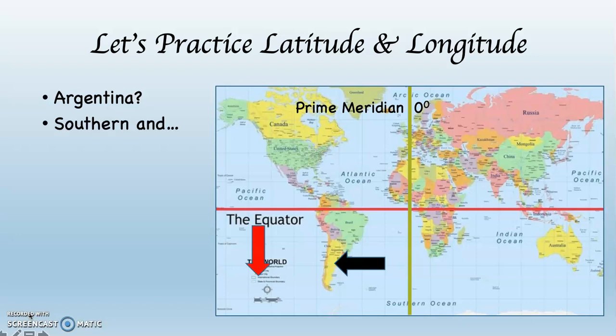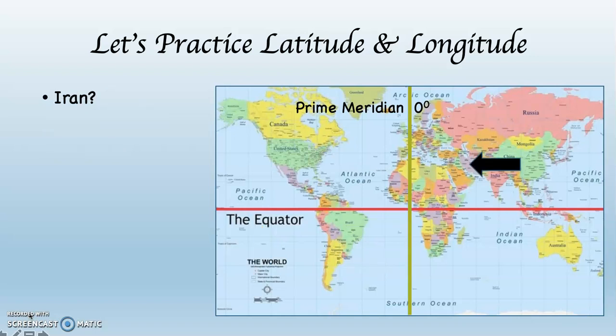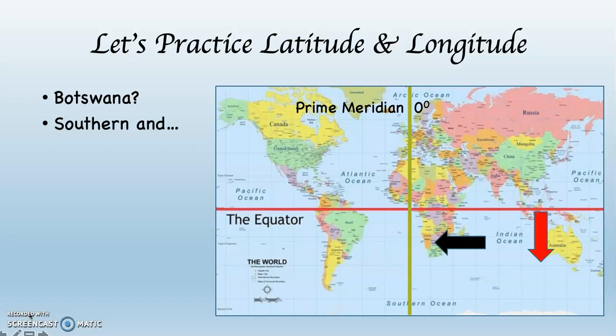Argentina is in the southern hemisphere and the western hemisphere. What about Iran? Iran is in the northern hemisphere and the eastern hemisphere. Do you remember what the other country was? Botswana. Botswana is in the southern hemisphere and the eastern hemisphere.